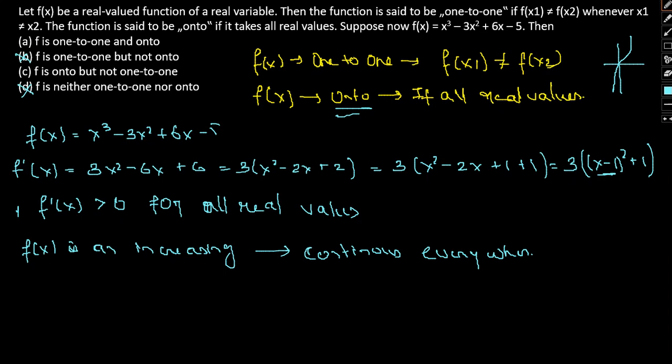Since it's an increasing function continuous everywhere, suppose you just put f of 1. So the value f of 1 will be different from the value f of 2. So this function will also be a 1 to 1 function. And it was already proved that it is an onto function as well. So therefore this option also gets cancelled. Option A is our correct answer.